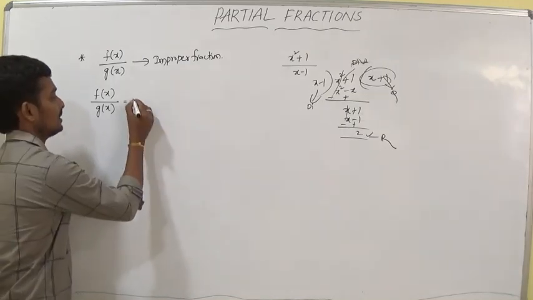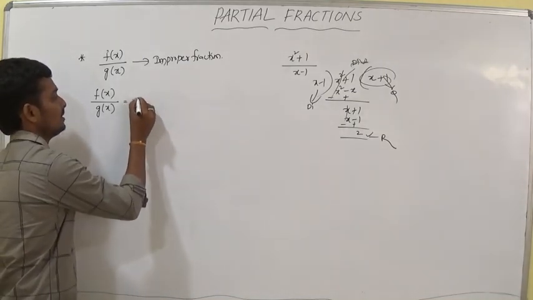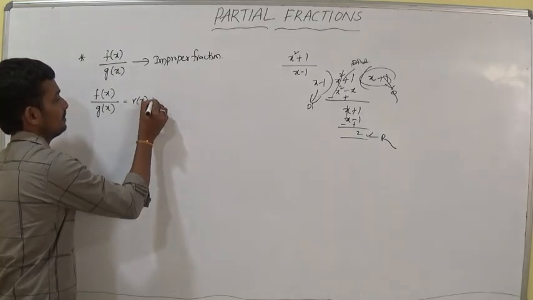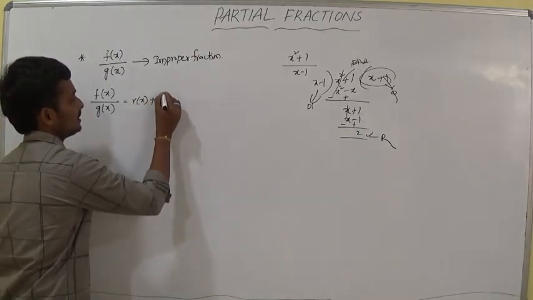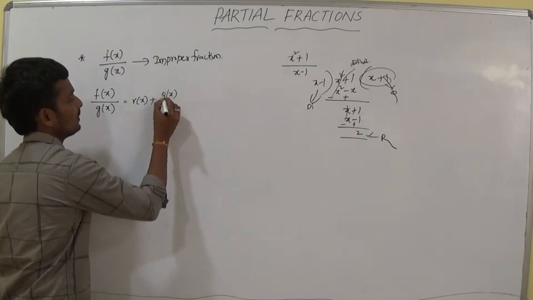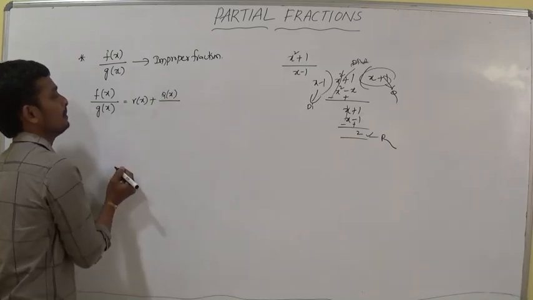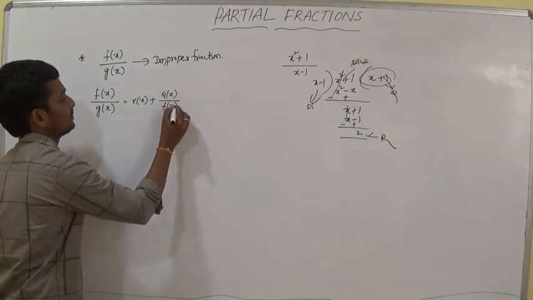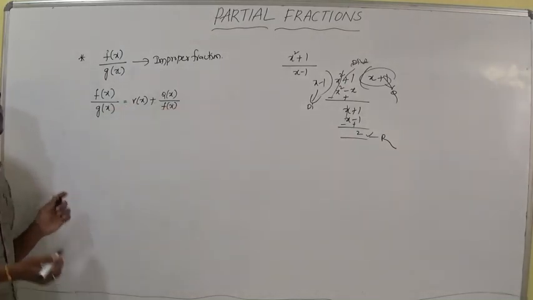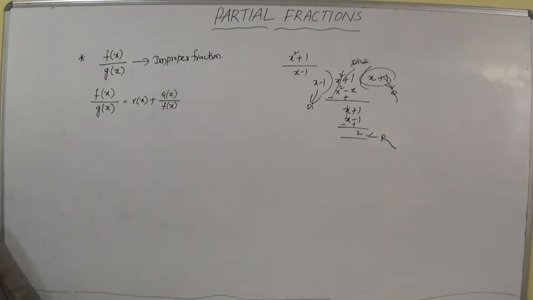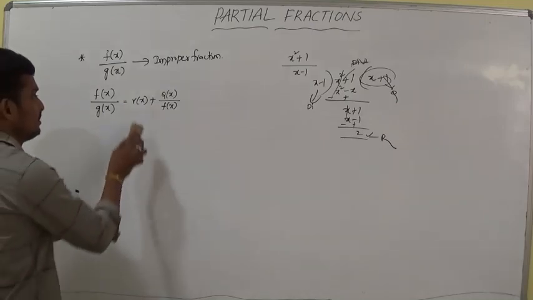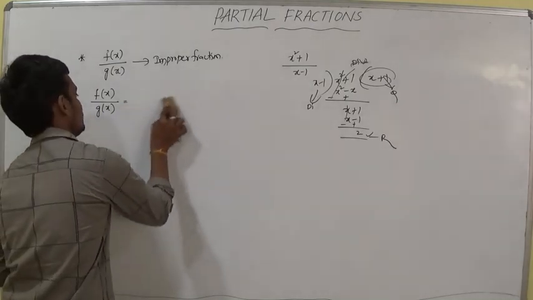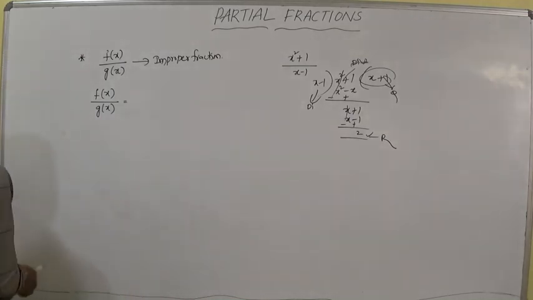Alright? You are writing some remainder r of x, plus we are writing q of x by f of x. So I am changing it somehow.